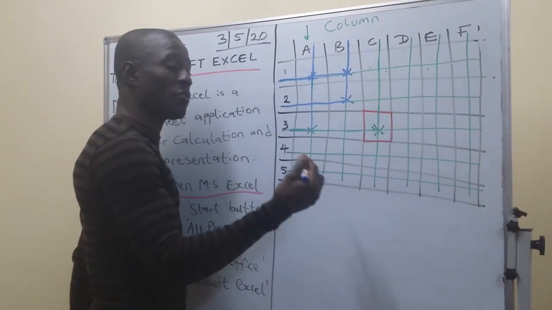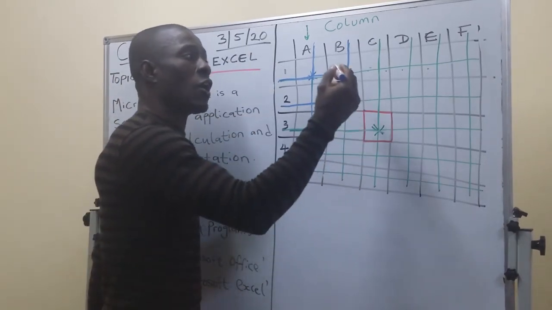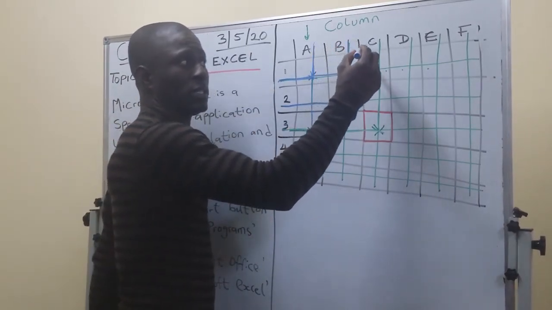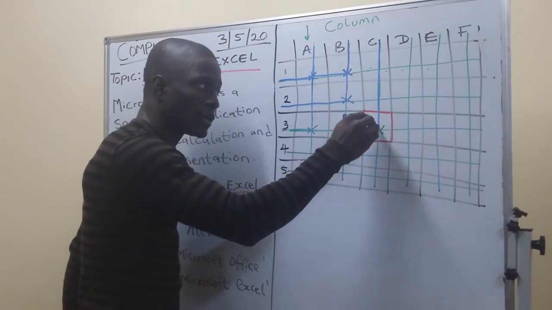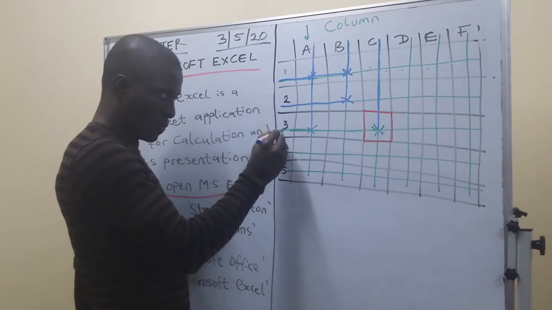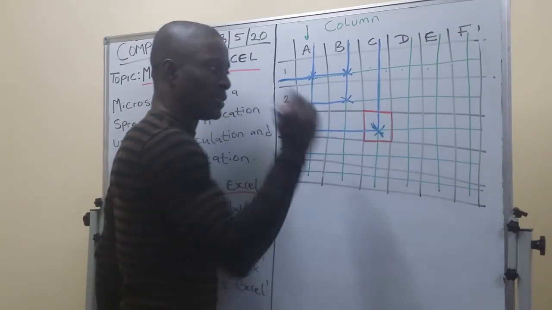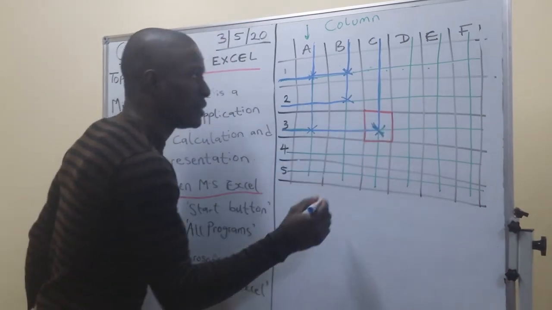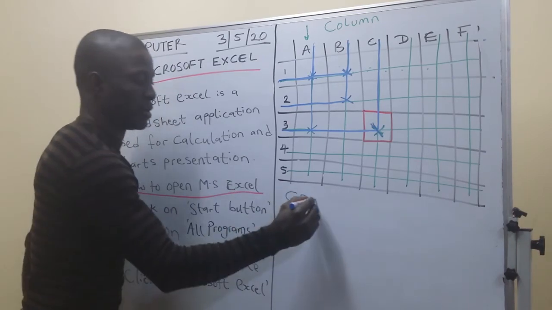It can be gotten by knowing the column and row that formed it. Which column? Column C, row 3, and they form this particular red cell. So the name of this cell will be C3. Good.